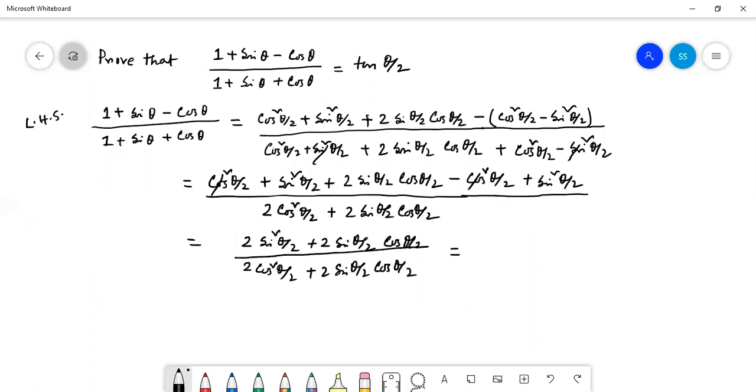Now if we take common 2 sin theta by 2 in the numerator, it will be sin theta by 2 plus cos theta by 2.